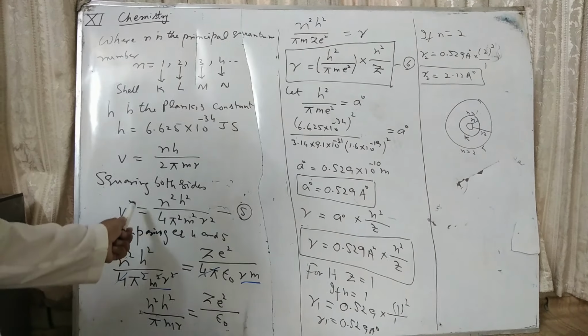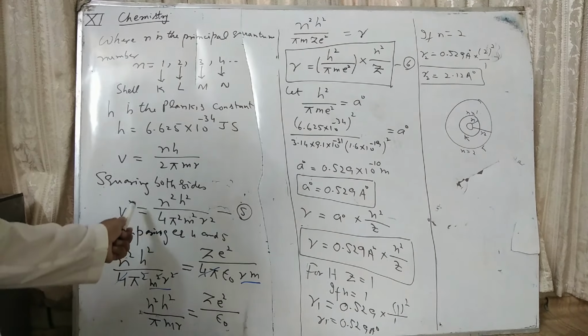By rearranging, r moves to this side and epsilon to the other side, and we get the corresponding value, r equal to n square h square epsilon naught over pi m z square e square.